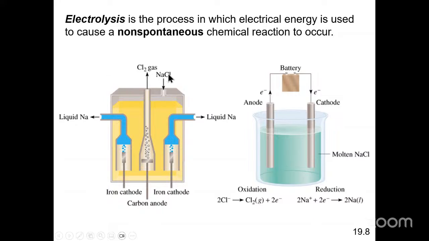Now, there are two forms of sodium chloride that can undergo electrolysis. You have the sodium chloride in an aqueous solution, or you have molten sodium chloride. Molten is a term used to describe substances that are in the liquid state, but can only achieve the liquid state under very high temperature conditions. So the melting points for these compounds are very high.